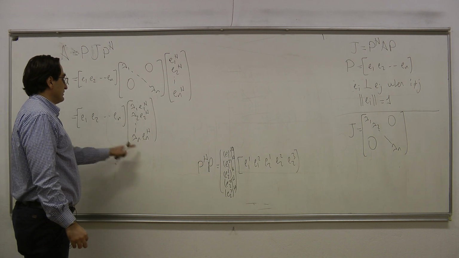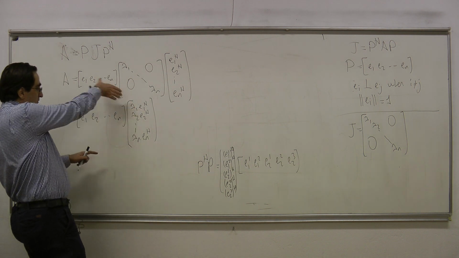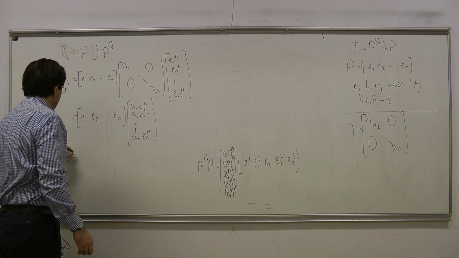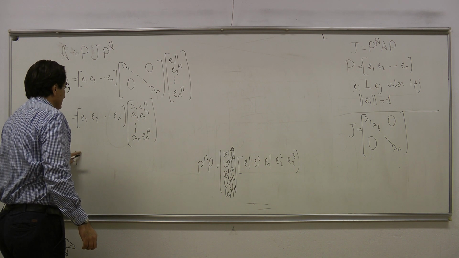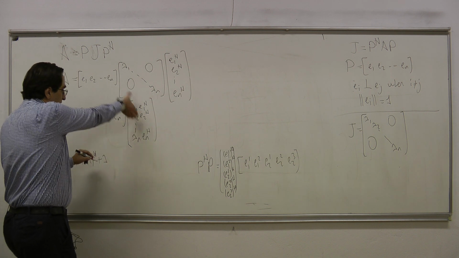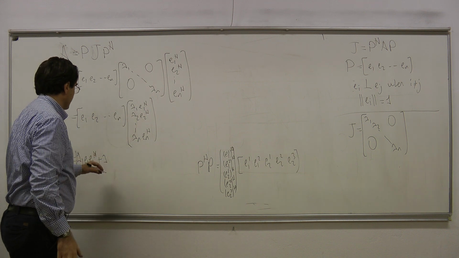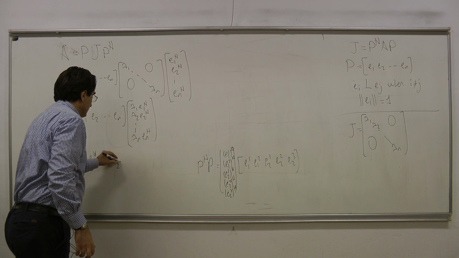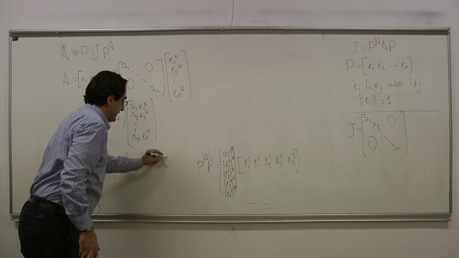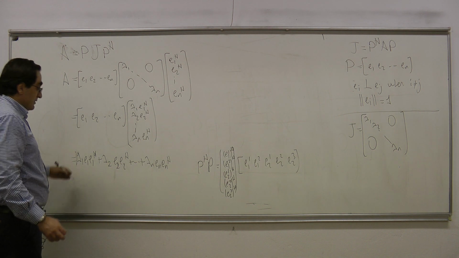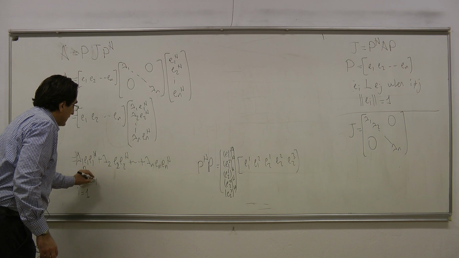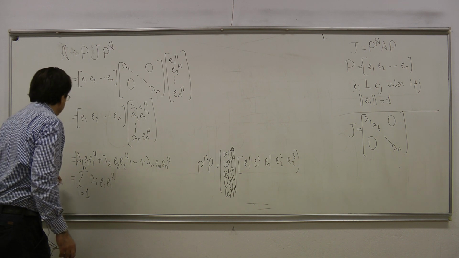Then if I do this multiplication here, I take this matrix and multiply it with these columns. It gives me the following resulting matrix: lambda 1 E1 E1 Hermitian, plus, like an inner product with permutation matrices, plus lambda 2 E2 E2 Hermitian, going until lambda n En En Hermitian. But this is nothing but the following summation: sum over i from 1 to n of lambda i Ei Ei Hermitian. Okay?